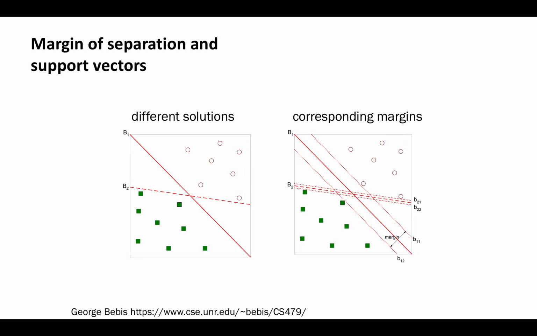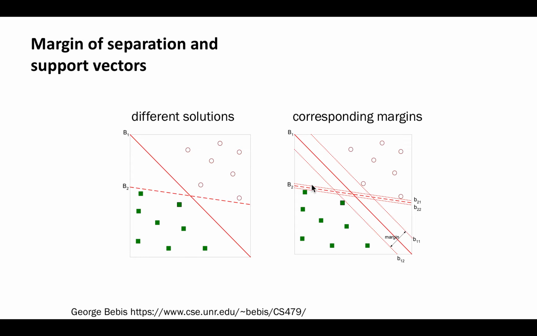It works very well. Here's another illustration. B1 and B2 are both boundaries which are giving me zero error rate here, linearly separating the data set. But B1 is better than B2 because of the margin, which means how far around the boundary can I expand before I hit a data point. That's the notion of margin.